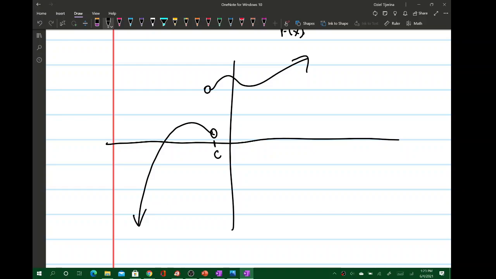So the limit, and let's pretend that this is L, and let's pretend that this one is, I'm going to just say, K. Okay.